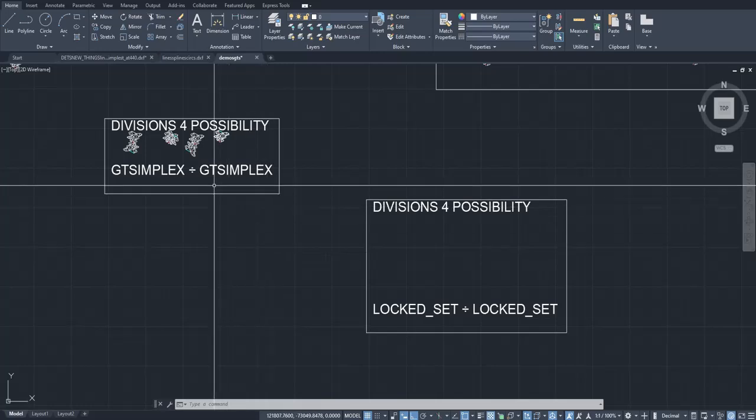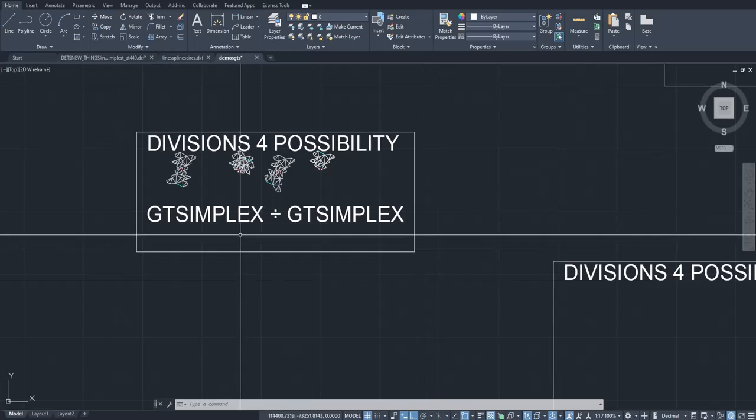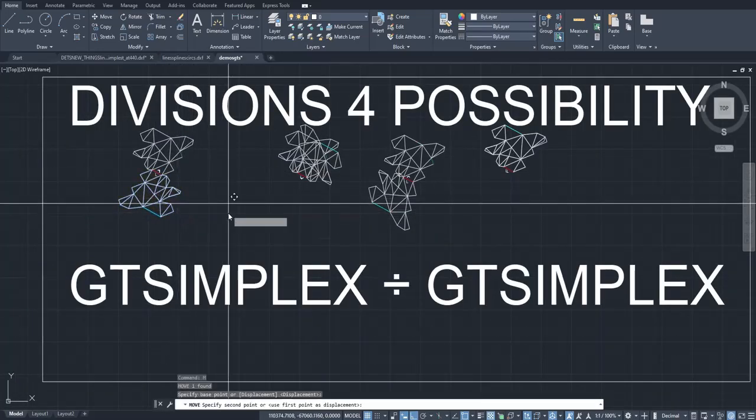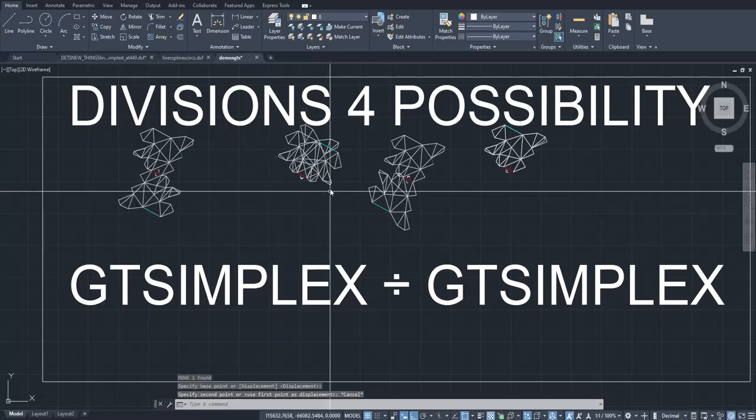We have discussed the division of four possibilities when a GT simplex is divided with another GT simplex, and GT simplexes are generated with pure multiplication, where the triangulations are formed like the glued objects of the triangles.